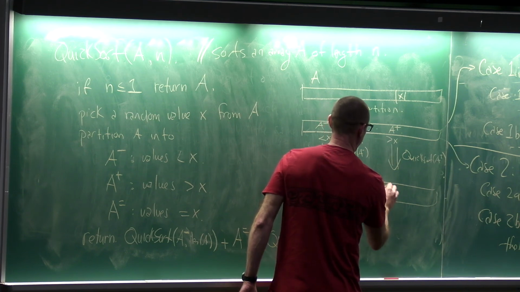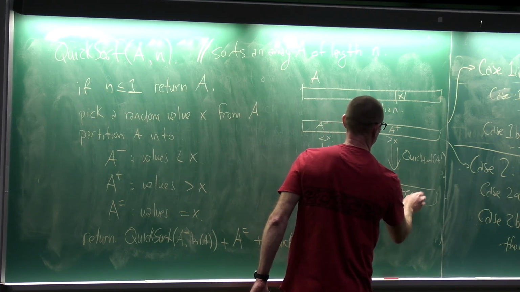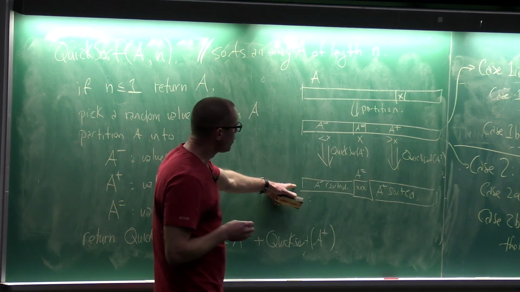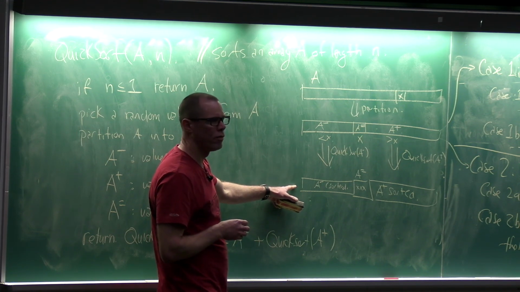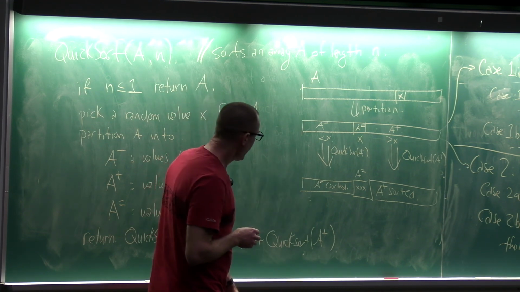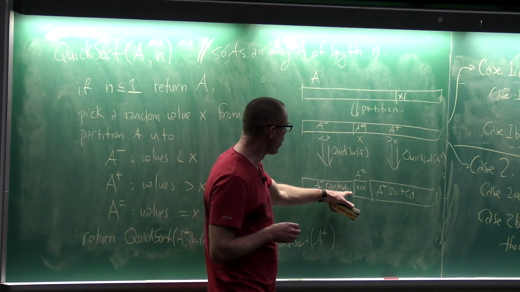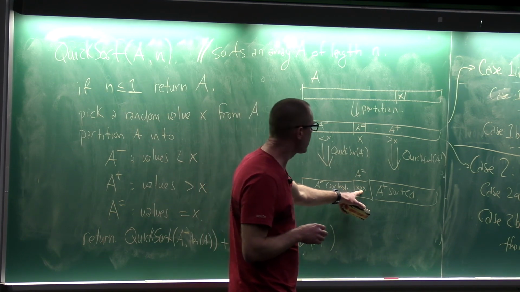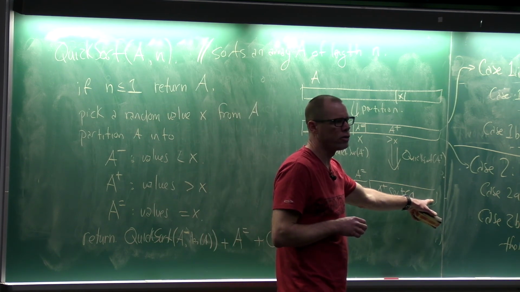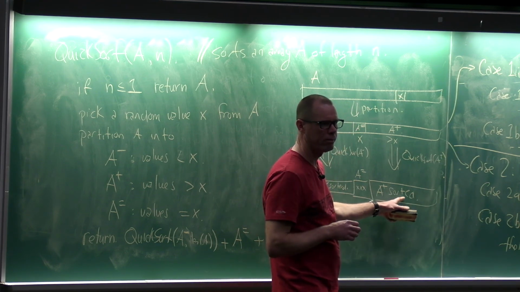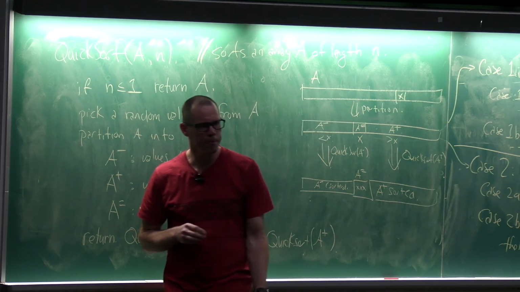Now we get A plus sorted. And we concatenate those three things, and that gives us our final sorted array. Everything smaller than x in sorted order, everything that's equal to x, and then everything that's bigger than x in sorted order. That's definitely an array that's in sorted order.